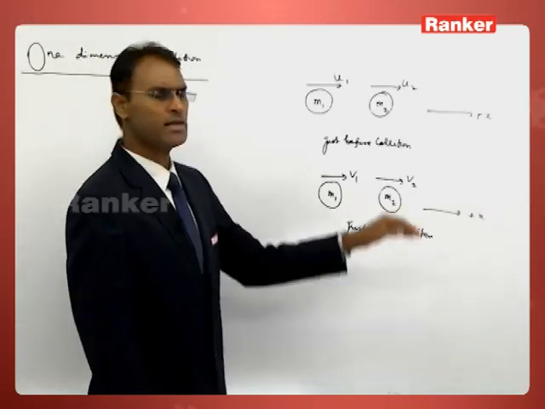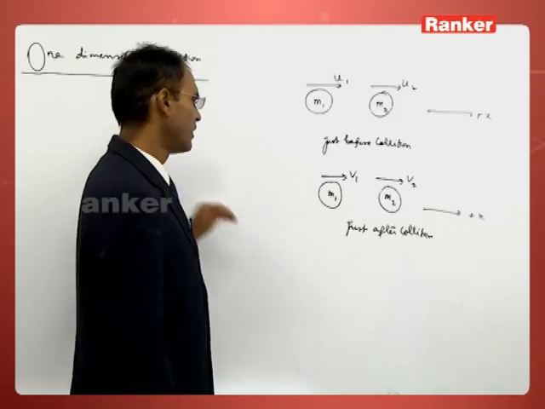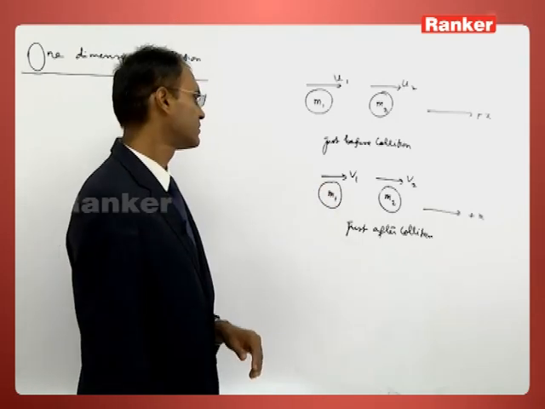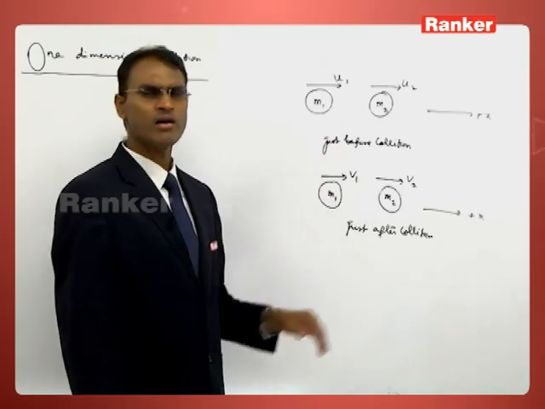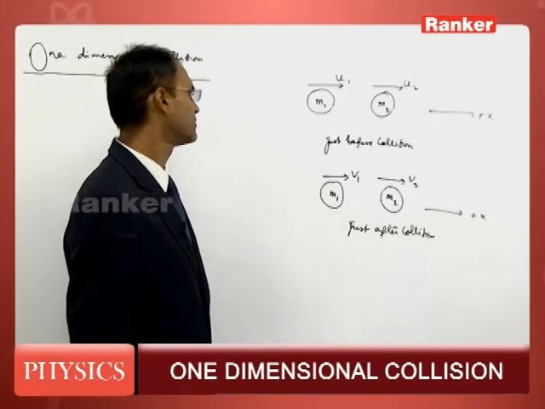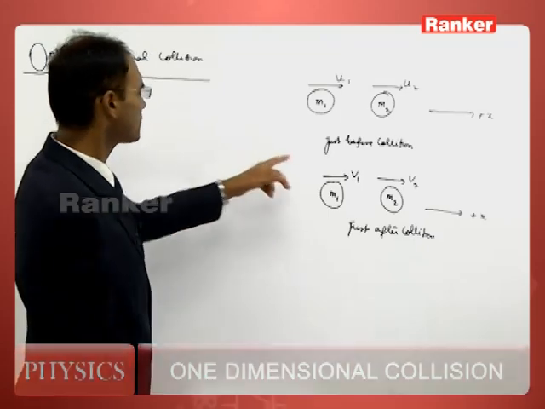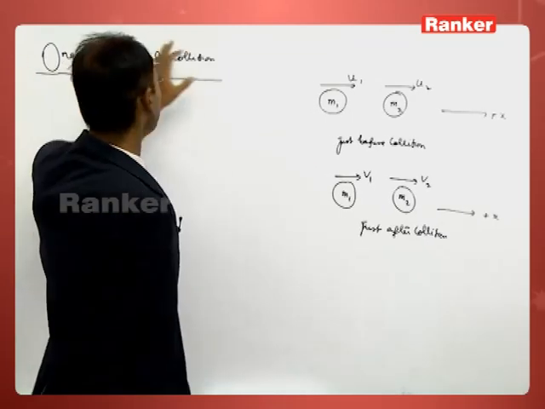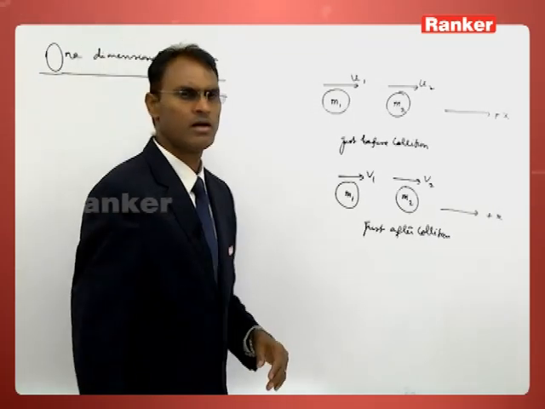Since the collision takes place along the positive x direction and they move along the x axis, this collision is called a one dimensional collision.